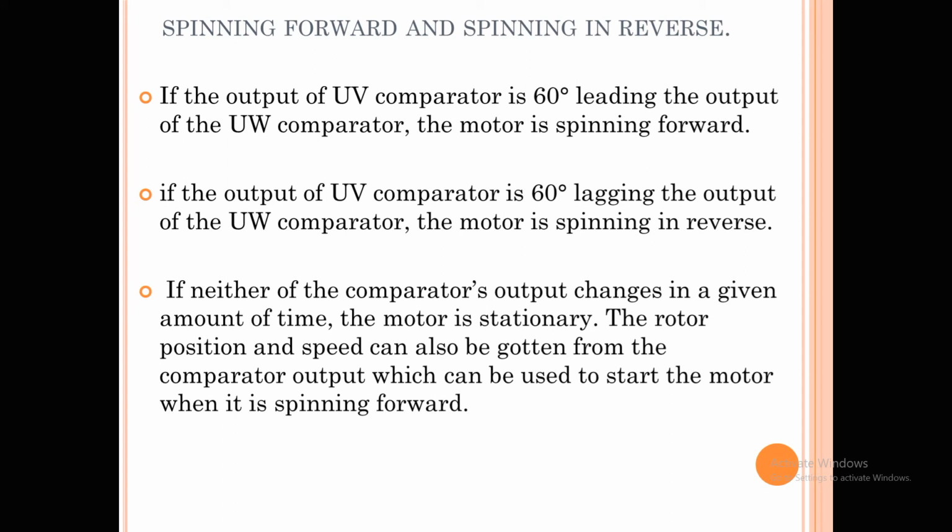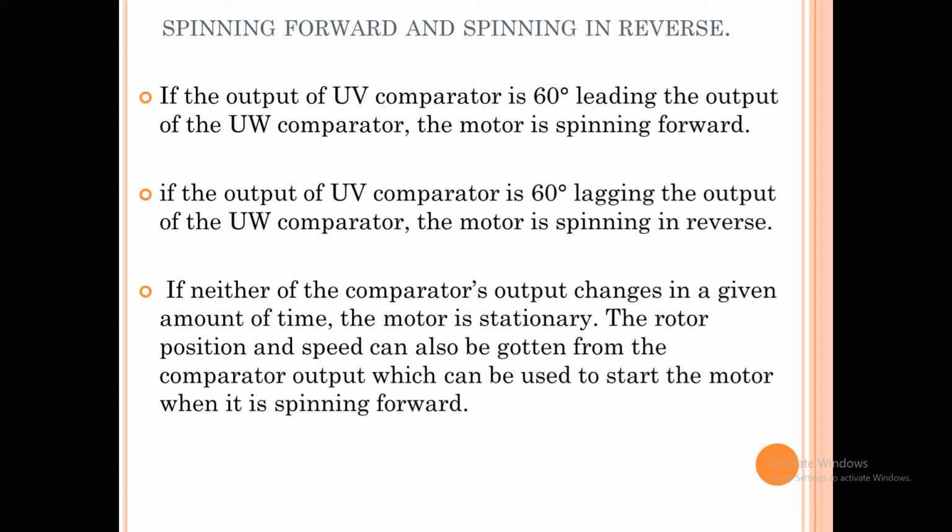If neither comparator output changes over time, then the motor is stationary. The rotor position and the speed can also be gotten from the comparator output, which is used to start the motor when it's spinning in a forward direction.